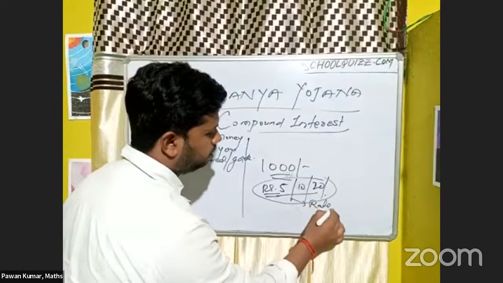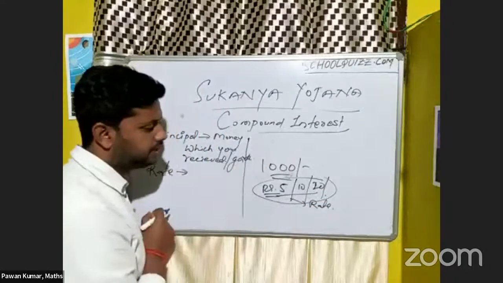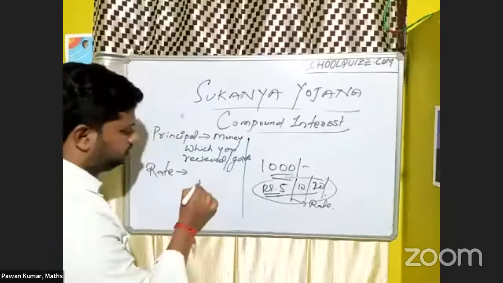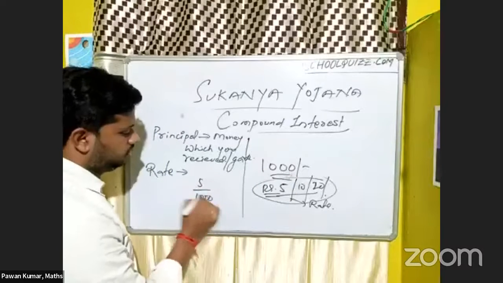rate. If I mention it as, suppose, 5 rupees I am taking, then 5 rupees of 1000 is how much? 5 by 1000 into 100, correct?